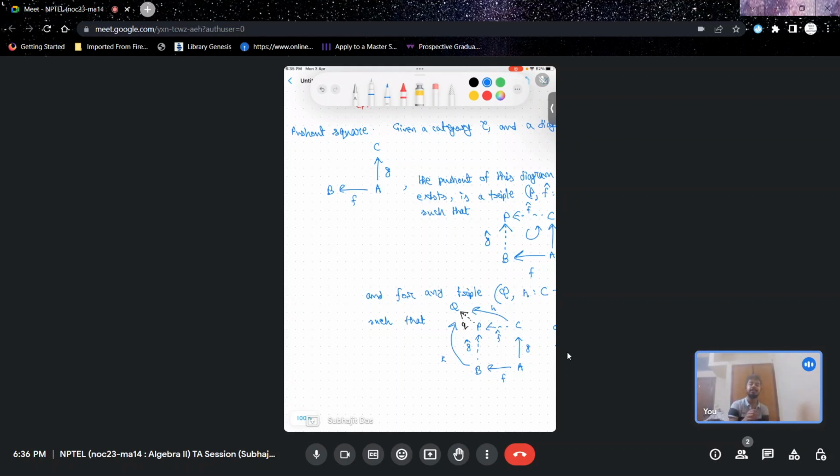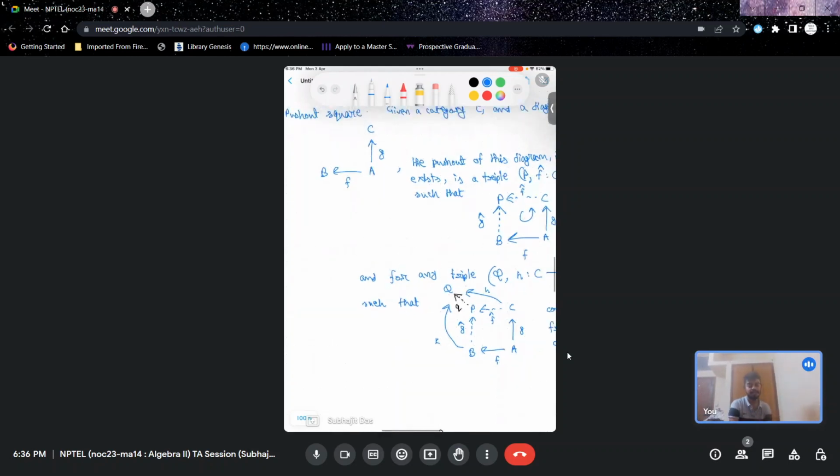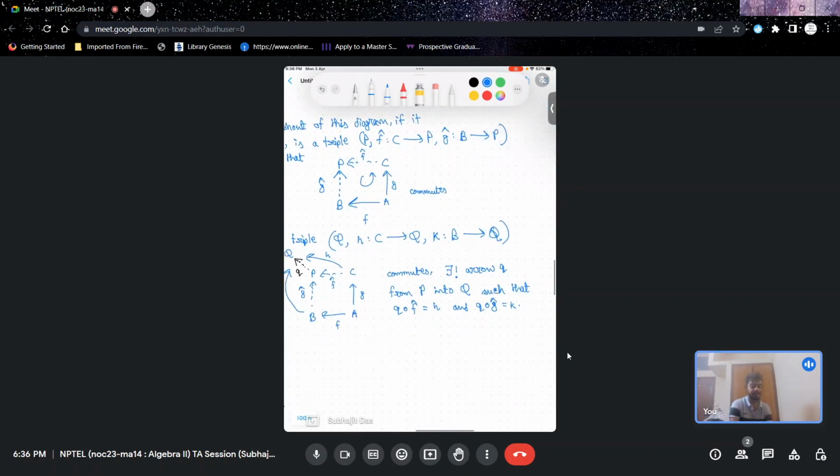That is, there is an epimorphism of the co-product into the push out object. So the push out object is a quotient object of the co-product of B and C. This is precisely the idea.